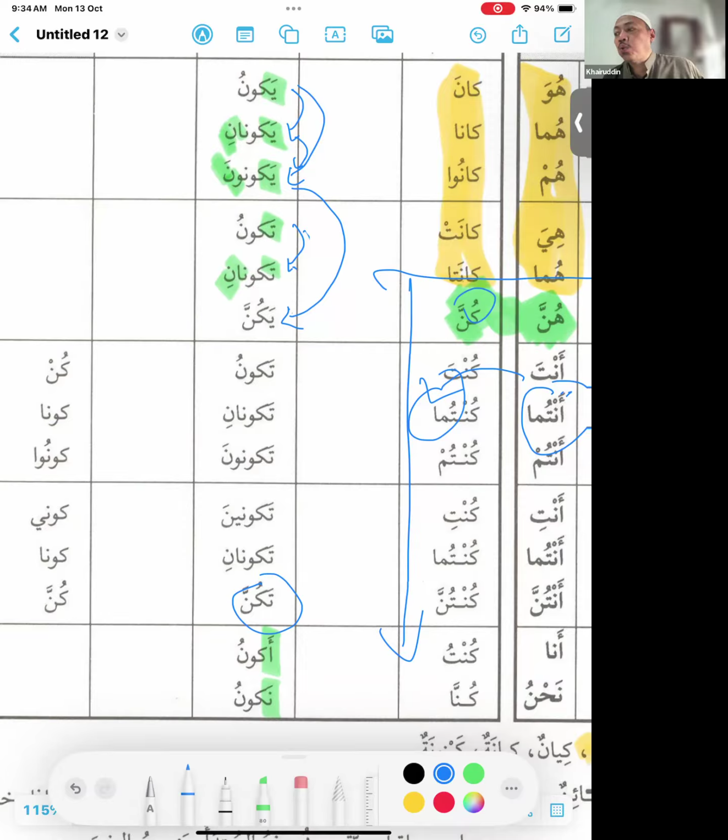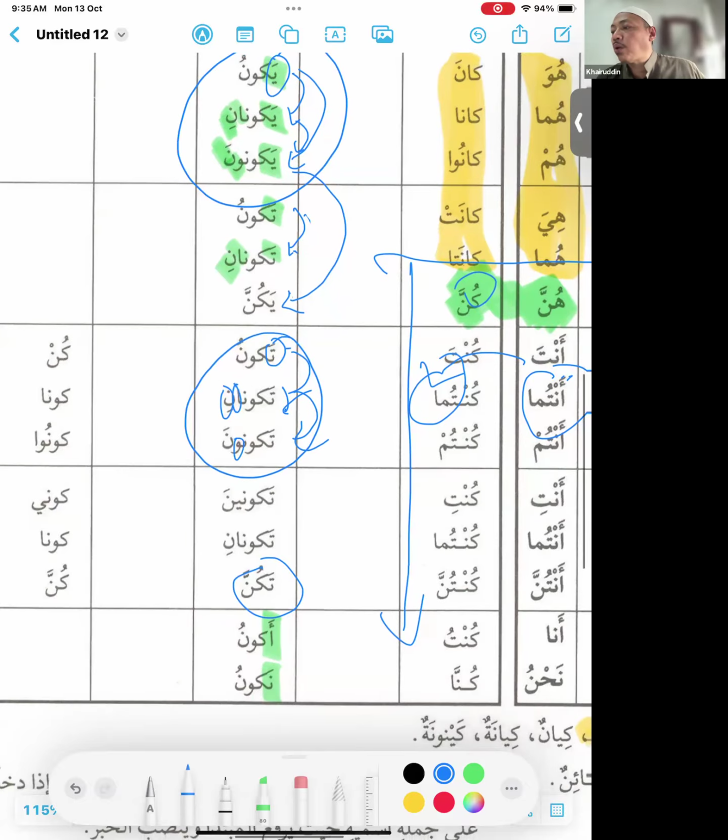Anta takunu, antuma takunani, antum takununa. So again, this progression is exactly like this one. You start with a mudara'a, which is ta. This one you start with a mudara'a, which is ya. Okay, you just add the alif and the nun for dual, and then you add the waw and the nun for the plural, jama', three or more.